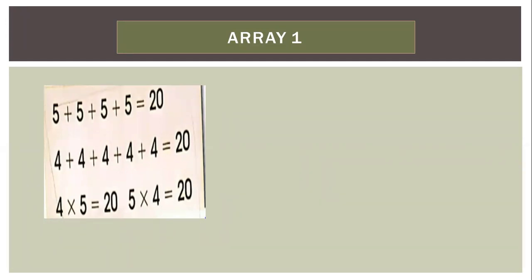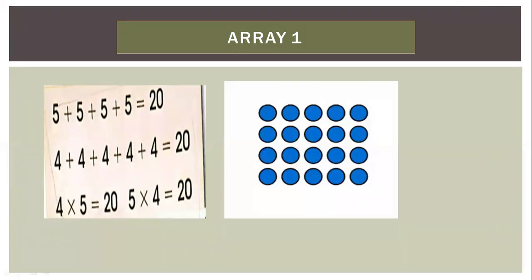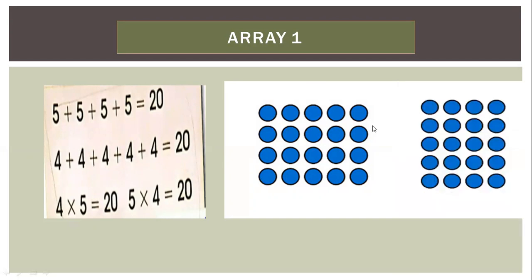For this, we can draw an array like this. In this array, we have 1, 2, 3, 4, 5 columns and 4 rows, or you can draw 4 columns and 5 rows. Both answers are going to be 20.